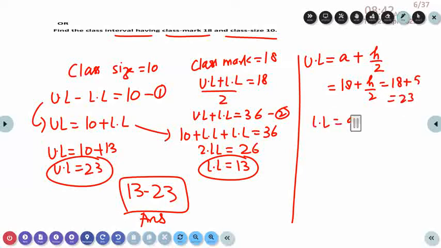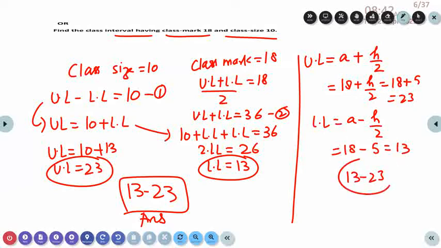This will be equal to m square p square plus n square q square plus 2mn pq minus m square p square minus m square q square minus p square n square minus q square n square.